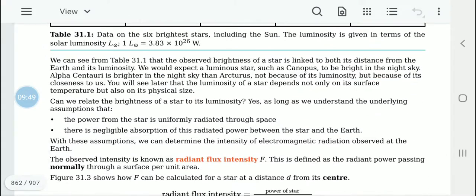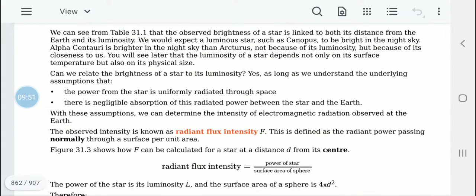Leave a line and write. The brightness of a star will depend on the distance from the Earth and its luminosity.